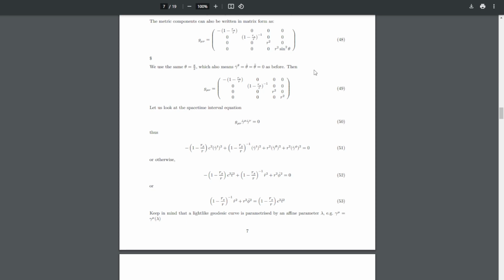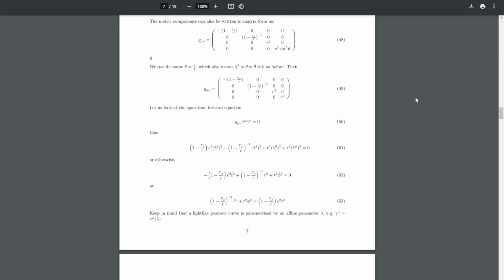And once we go for a certain theta, let's pick the equatorial plane, and our velocity stays within that plane, as in we start with a velocity that is within the equatorial plane, then that particle will never leave the equatorial plane.